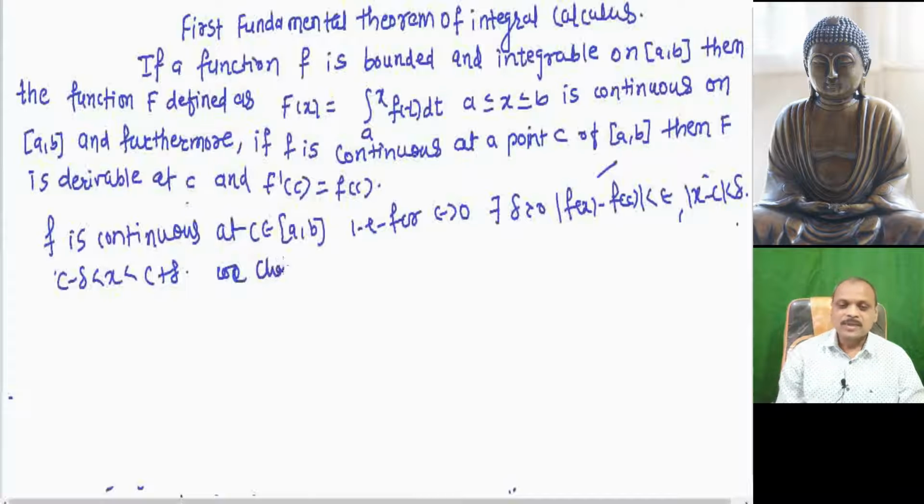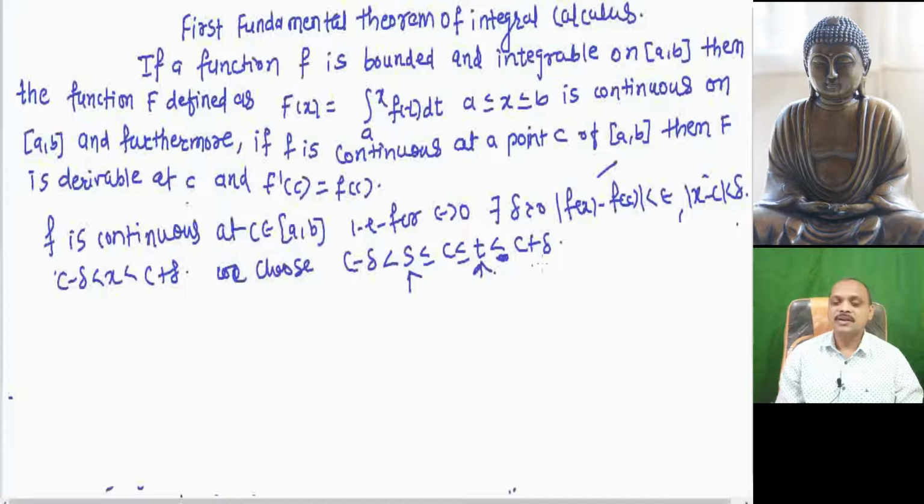Okay, but now we choose 2 points such that c minus delta is less than or equal to s, less than or equal to t, less than c plus delta. We have taken these 2 points s and t between the points c minus delta and c plus delta.